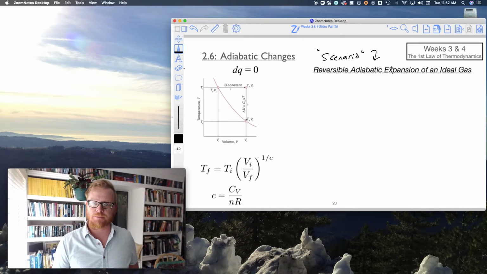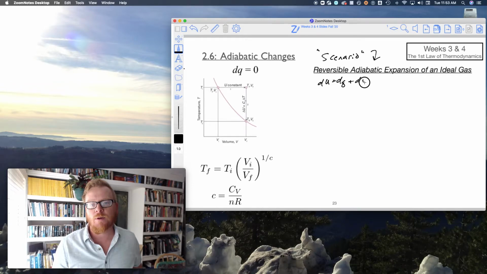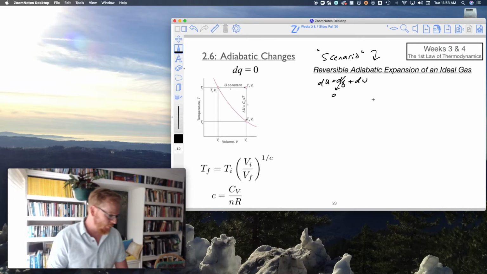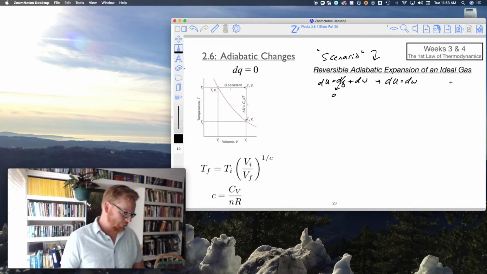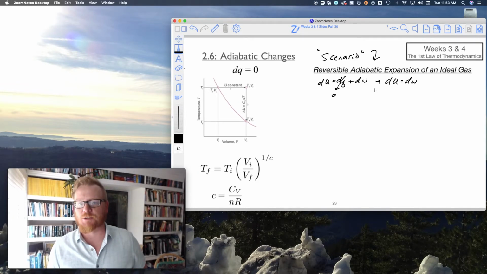We know what that's all about. Reversible expansion is PdV, where I have to actually integrate the P, okay? And adiabatic refers to the following: dU equals dq plus dw. Because it's adiabatic, dq has to be 0. And thus dU equals dw. Okay? Well, what other relationships do we know?